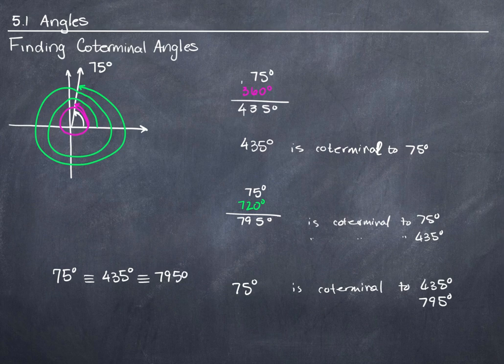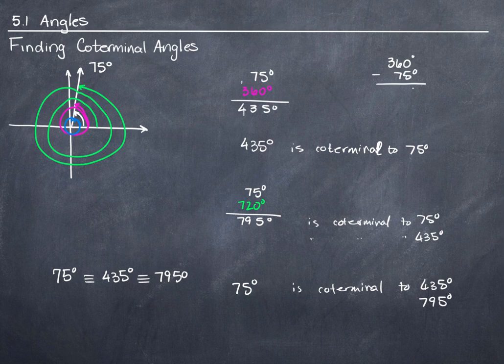If I take this angle here and subtract 360 degrees, 75 minus 360 would be the same as 360 minus 75, except the sign will be different.